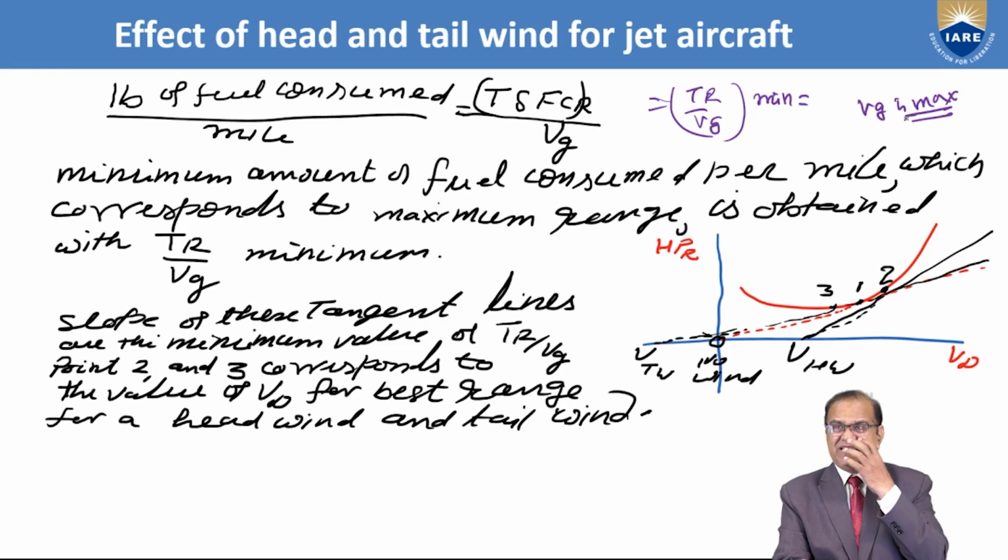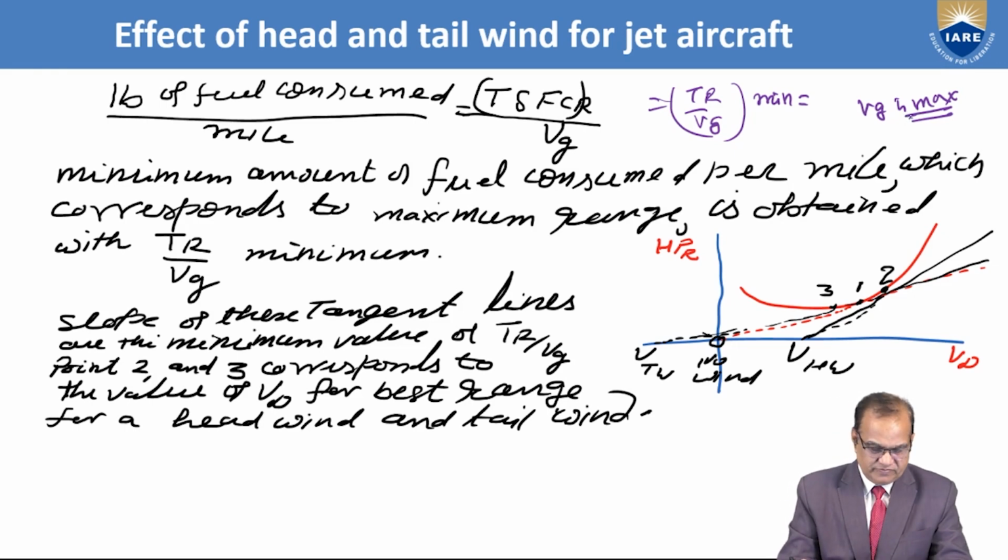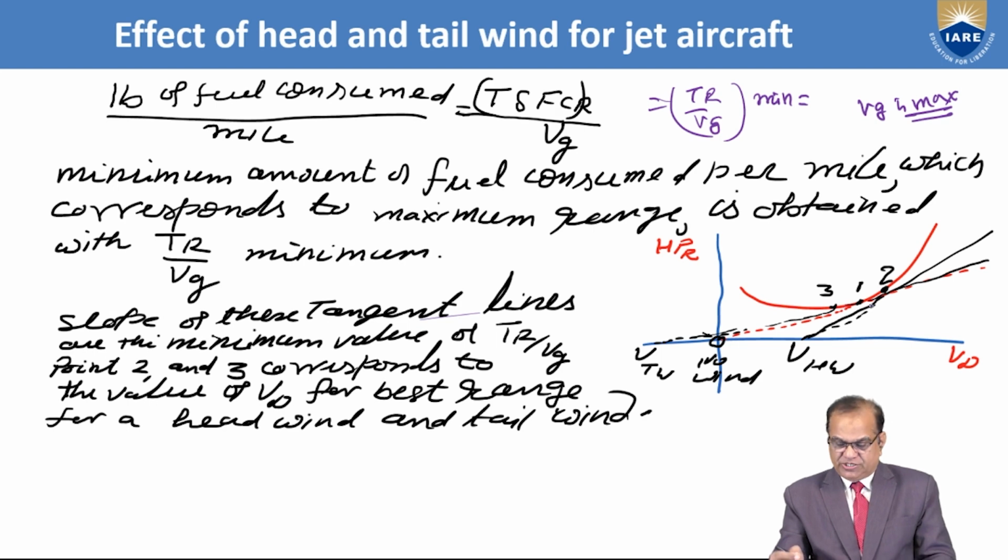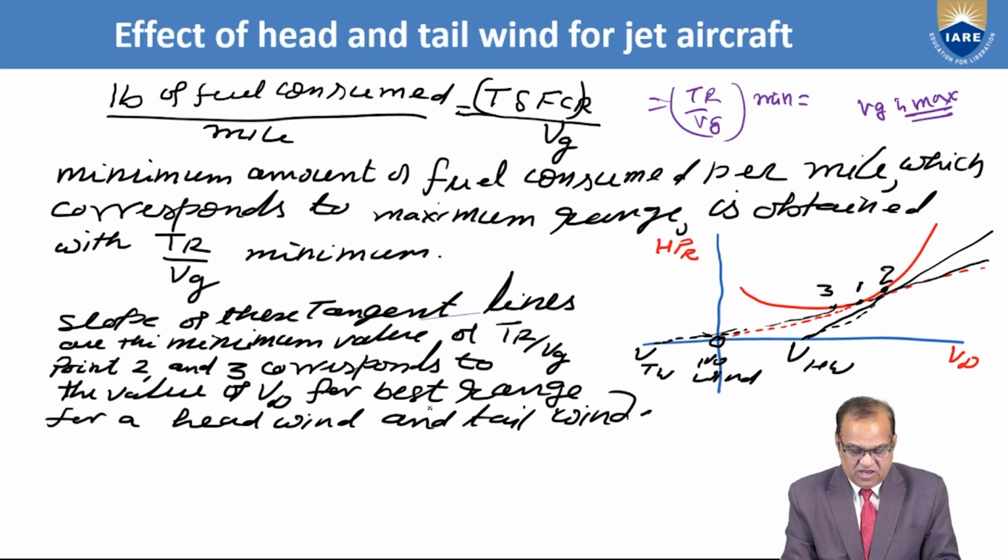So if you see here the Vg, the slopes of the tangent lines give the minimum value of TR by Vg. So these all slopes are the minimum value. Point 2 and point 3 correspond to the value of V infinity for best range for headwind and tailwind. This is the best range if we are flying in this, and this is the V tail and this is the V head.